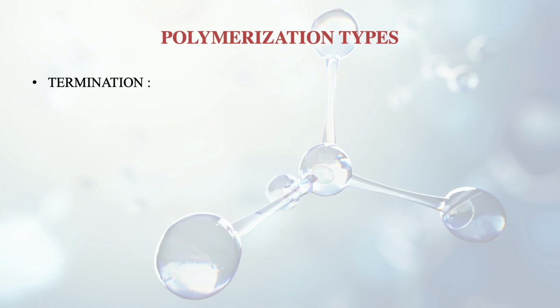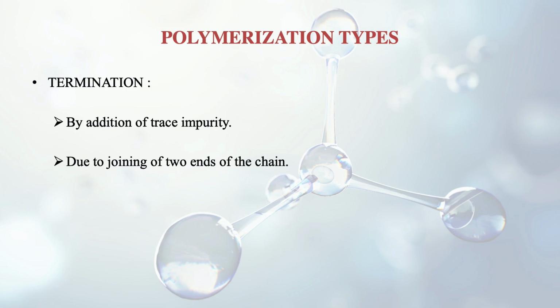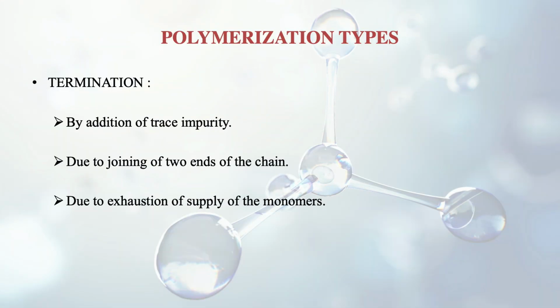Now how do we terminate this process? We can terminate it by adding a small trace of an impurity, or by joining the two ends of the chain. Suppose the chain has been formed and you join the two ends; they will be blocked and cannot join another molecule. The third point in termination is if the supply of monomers is exhausted.